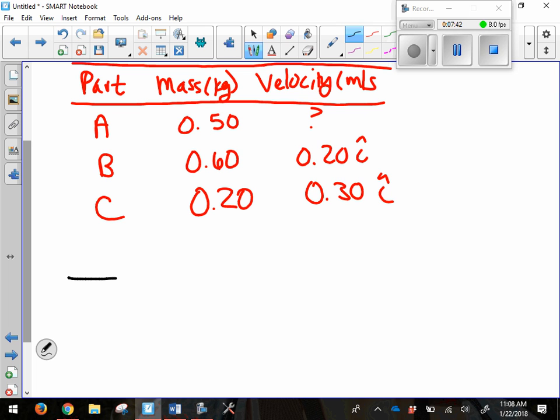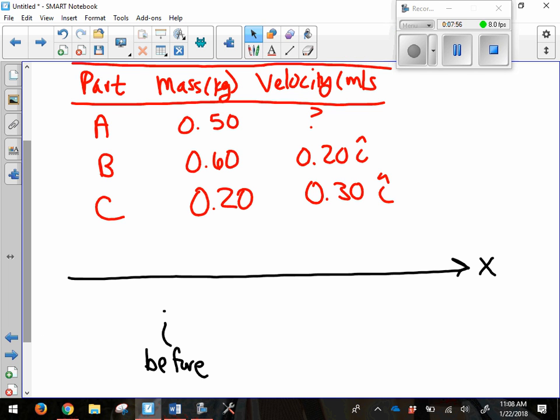So I'm just going to make one nice big long x-axis. And initially, or before, I have a great big object, right? That's A plus B plus C, because my object initially starts together before it breaks into pieces. And which way is it moving?